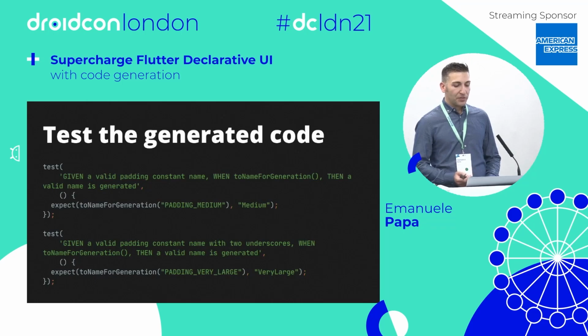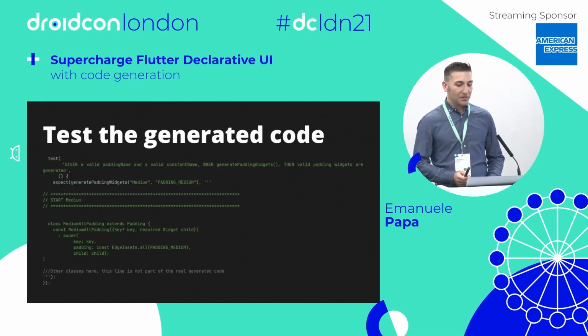Then another couple of tests check that from the name of the constants, we get the correct prefix for the widgets we want to create. In the first case, I check that from padding medium, I get medium. While in the second test, I check that from padding very large, I get very large.